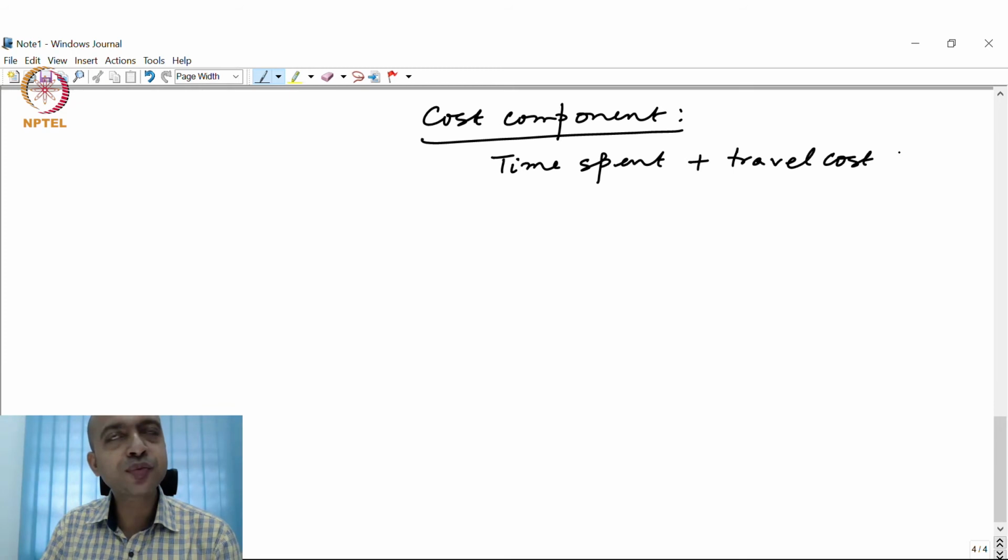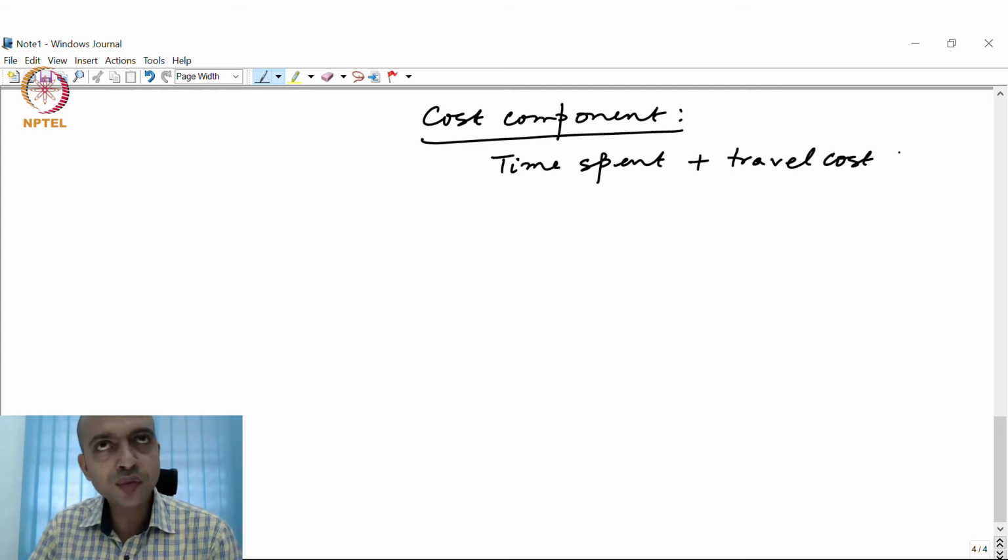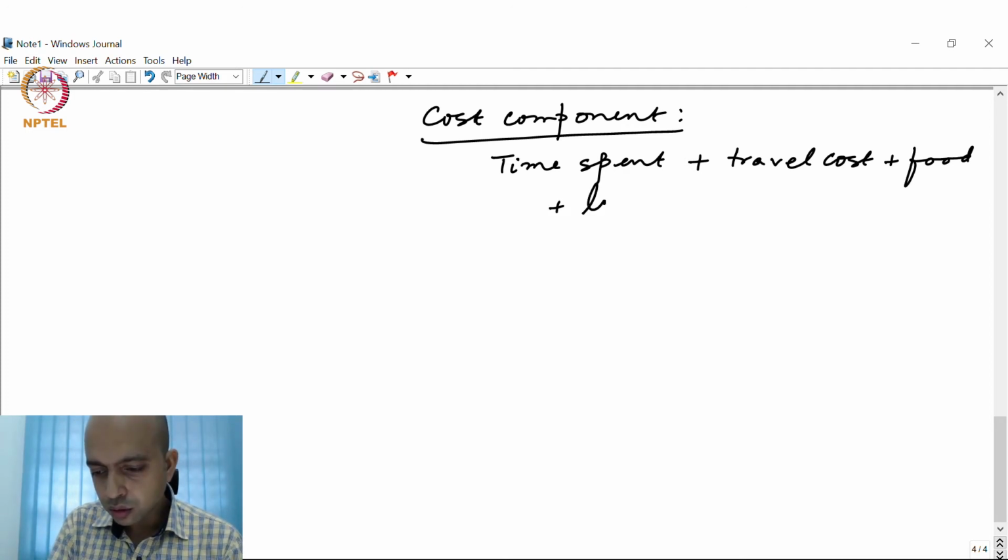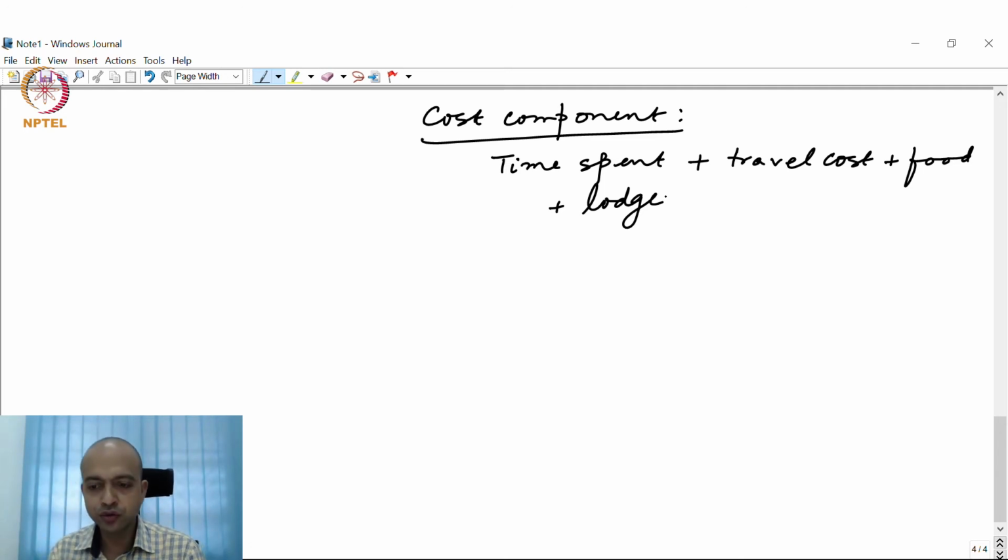If we go to that place by train, bus, or even your own vehicle, then there is some fuel cost. If you go by flight or train, then there is a ticket fare, plus food and lodging. So these are the other costs involved. So this includes the total cost, right?